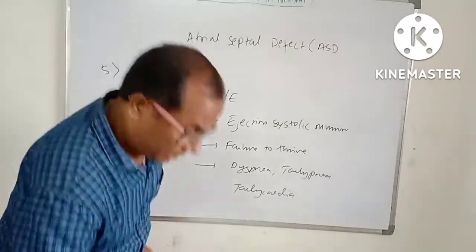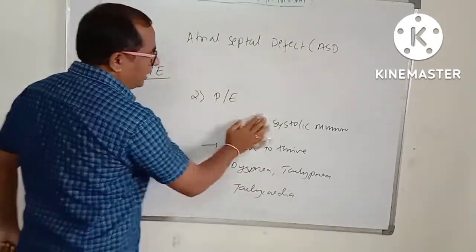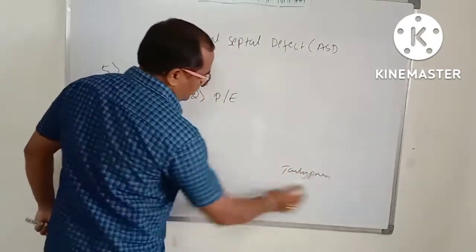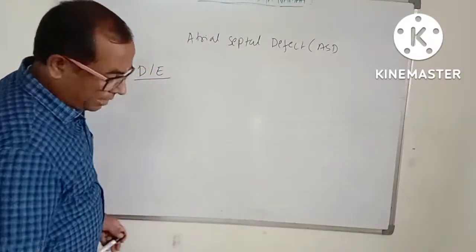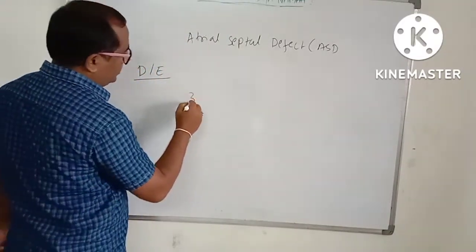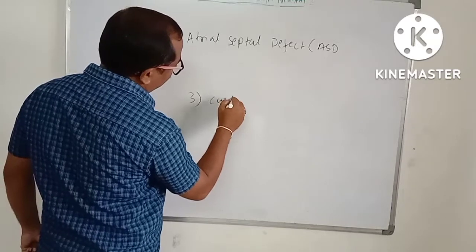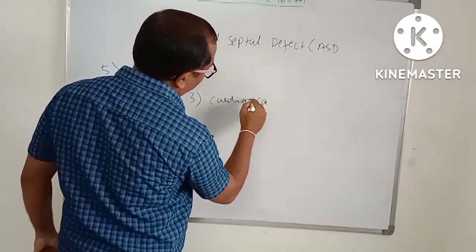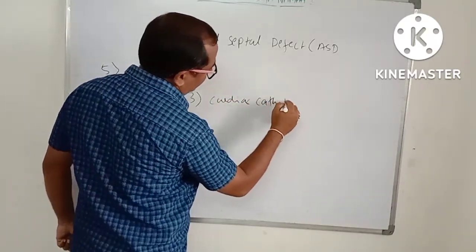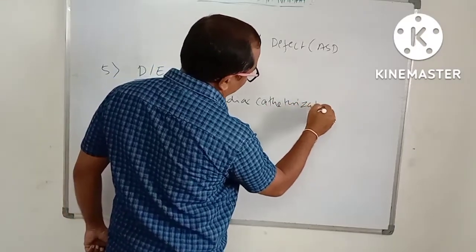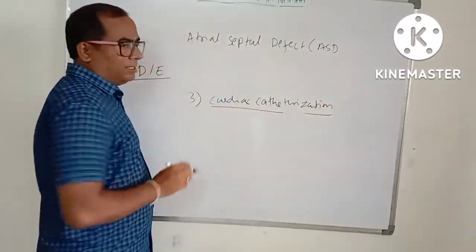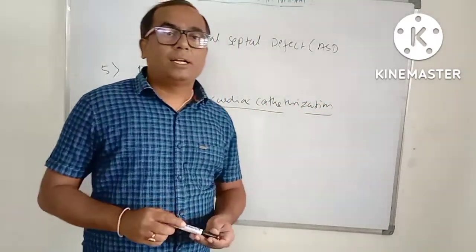And next, we can also do cardiac catheterization. So the third one is cardiac catheterization. Usually we do a left-sided heart catheterization.